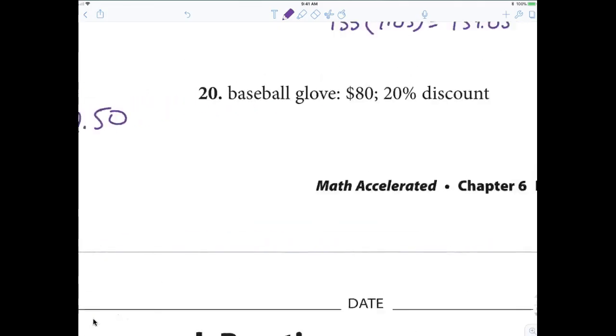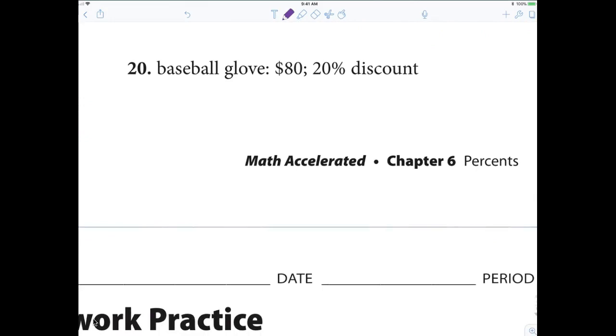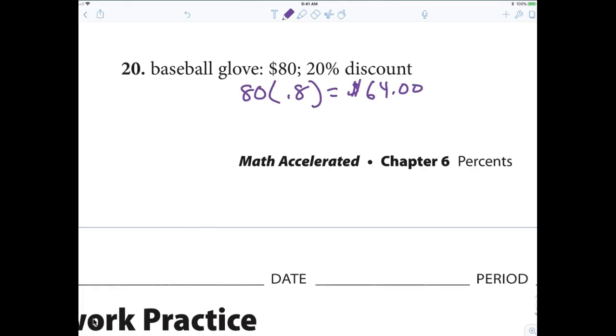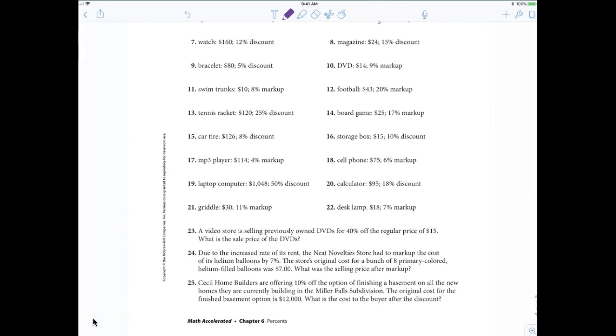All right, and let's do number 20. All right. Okay, so let's get this back. So you're going to do 80 and then subtract 100 minus 20, which is 80, so 0.8. And when you multiply it, you get 64. $64. All right. That's it.